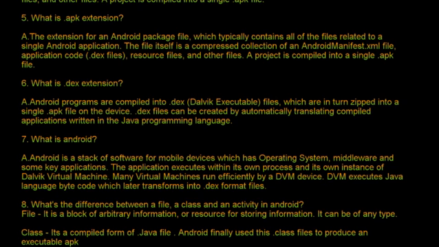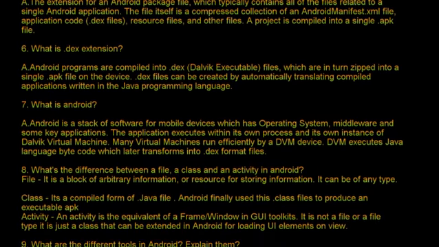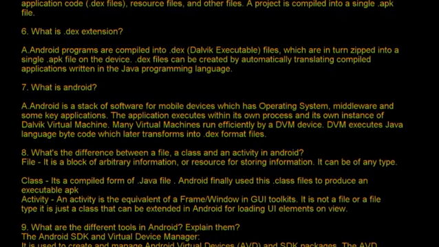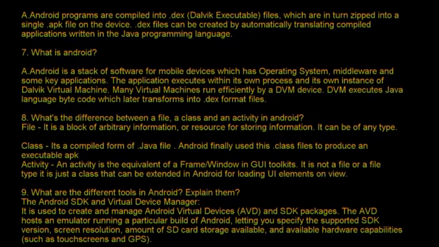Android is a stack of software for mobile devices which has an operating system, middleware and some key applications. The application executes within its own process and its own instance of a virtual machine. Many virtual machines run efficiently by a DVM device. DVM executes Java language bytecode which later transforms into .dex format files.